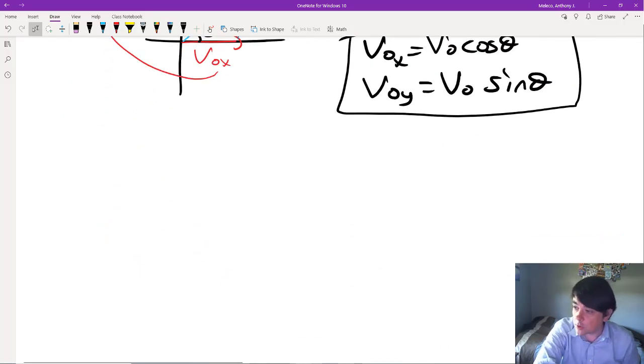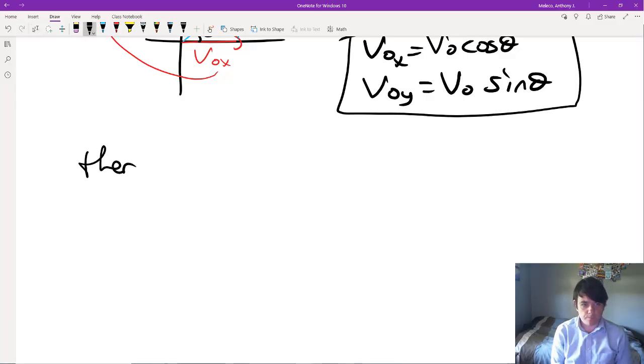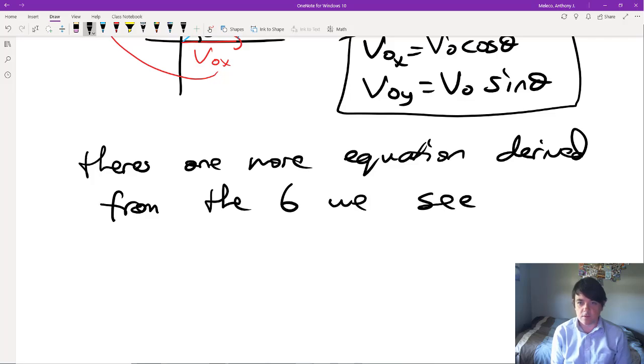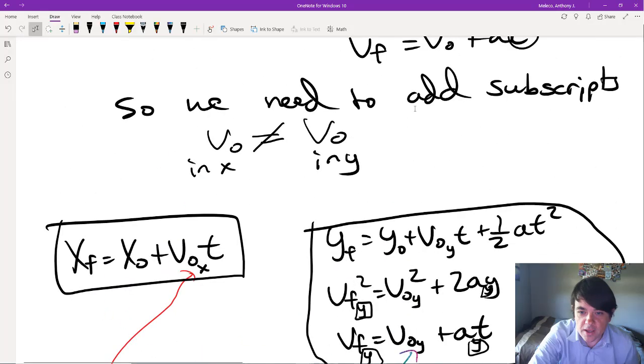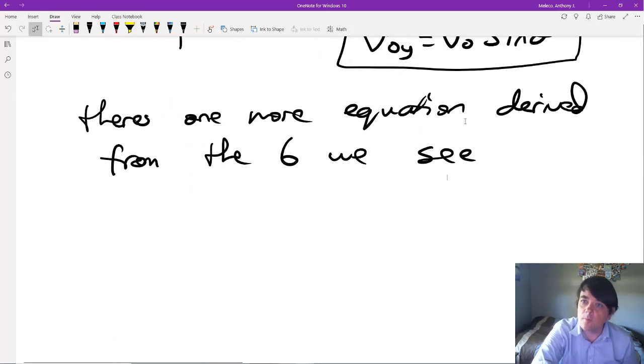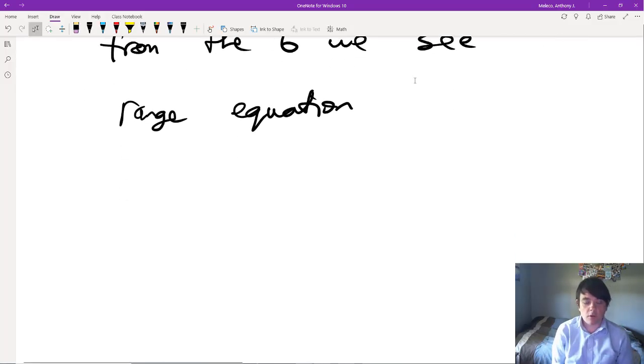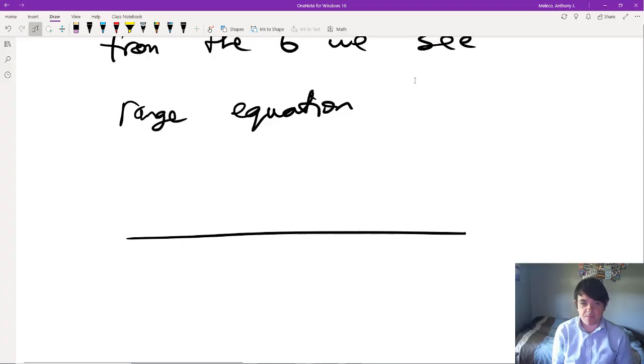But there is one more that also helps. So there's one more equation derived from the 6 we see, okay? And this equation is called the range equation, okay? And this guy is essentially how far something goes.